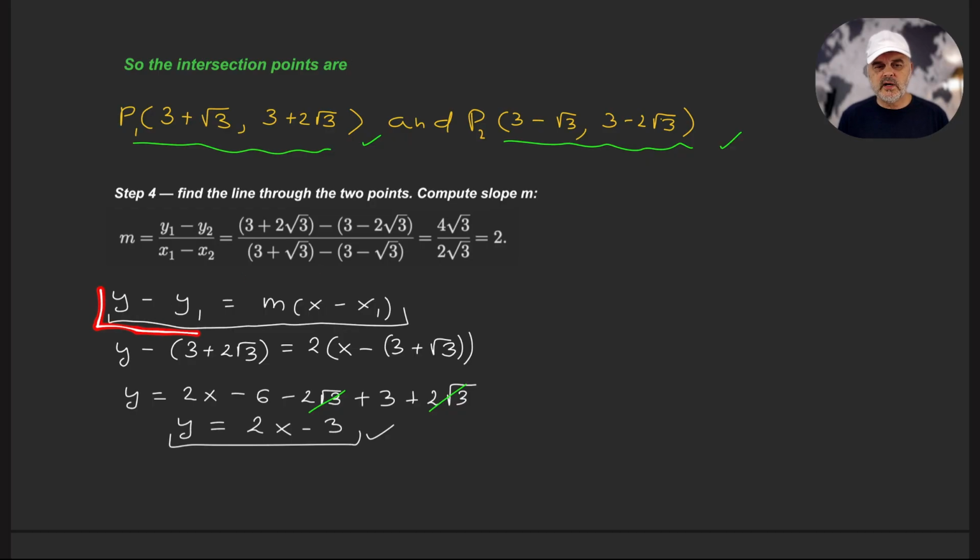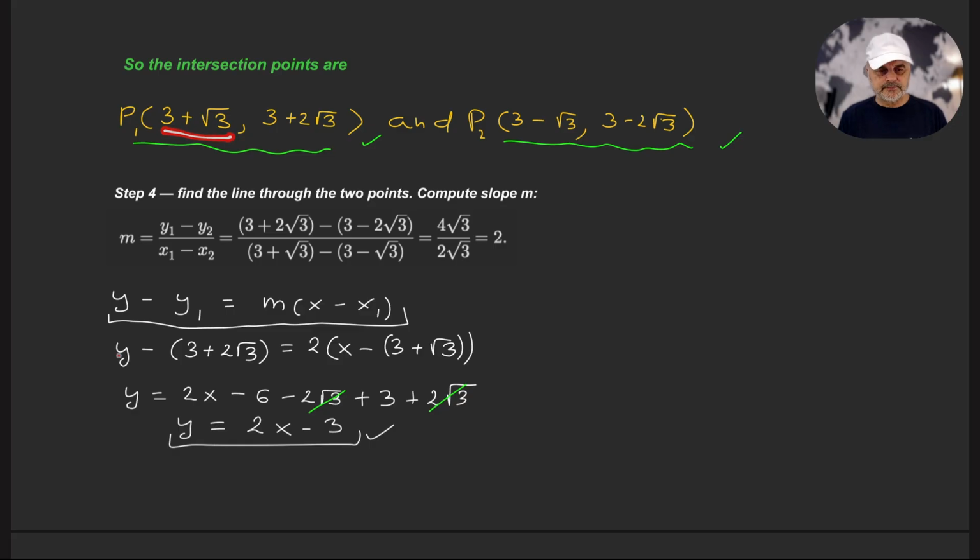Then we use the equation of a line in point-slope form, which means m is 2. And then for y1 and x1, you can choose either coordinates of point P1 or point P2. I'm going to use P1. Why not?